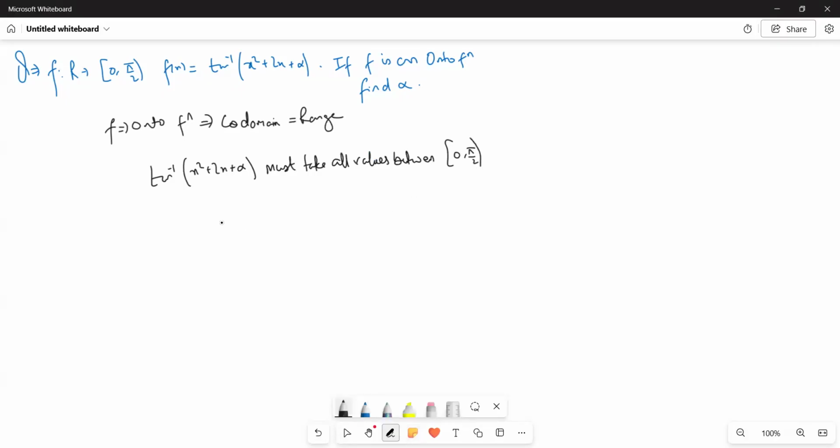So like tan inverse of x square plus 2x plus alpha equal to 0 भी होना चाहिए.